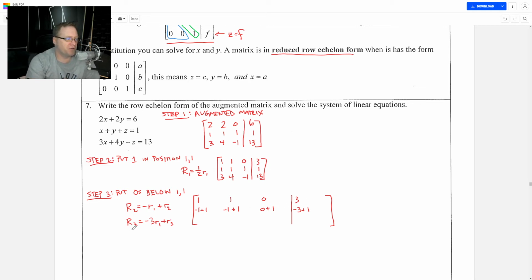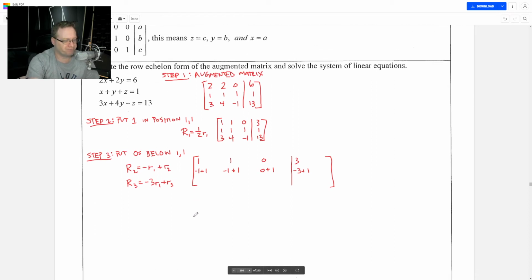Now let's look at our third row. We're going to use this row operation. How do we do this? We're going to do -3 times old row 1. Old row 1 is 1 here. -3 times that is -3. And then we're going to add old row 3, which is this one, 3.